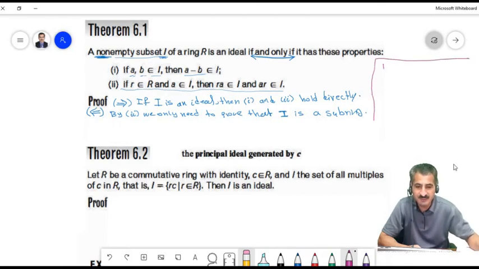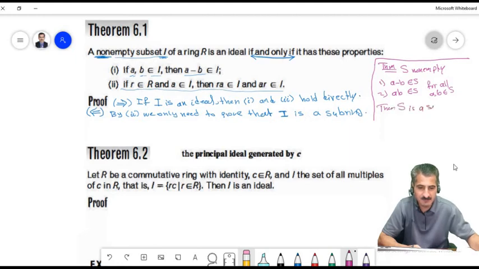We have seen in a theorem that if S is non-empty and 1, a minus b belongs to S and 2, a times b belongs to S, and this is for all elements a and b in S, then S is a subring.